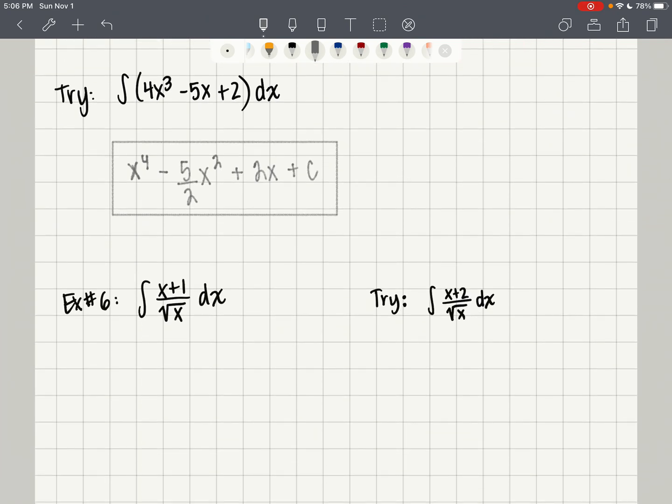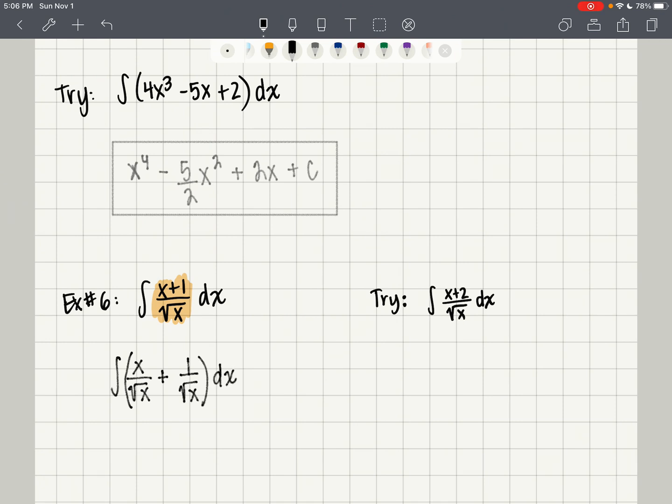But here I have one term that's connected by division, right? And I have a monomial in that denominator. I'm going to rewrite this as x over the square root of x, and I want to do this in a very specific way, plus 1 over the square root of x, dx.